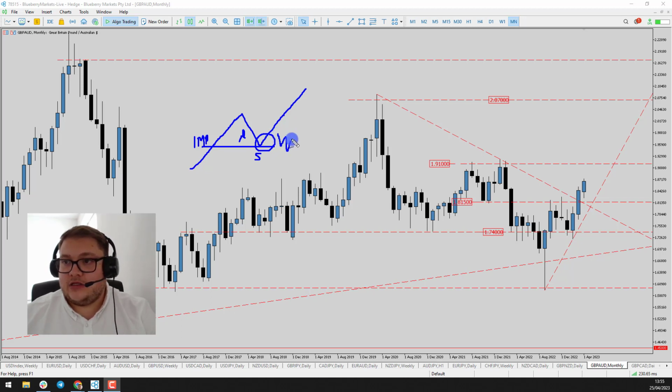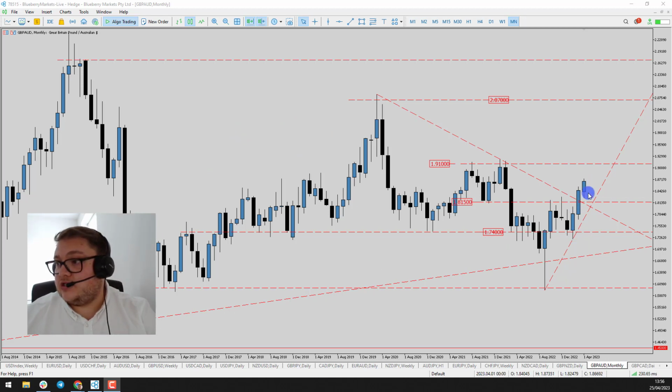You'll either get an inverse head and shoulders, or a double bottom pattern. Either way, on a lower time frame we'll start getting a trend within that impulsive phase. So that's what I'm looking for: do we see any kind of trend developments, and can we take advantage of that?